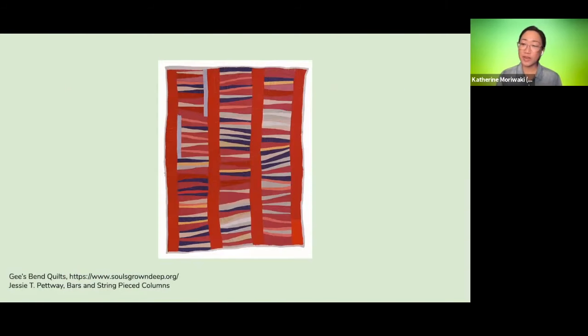And so with looping in everyday life, or looping in examples that you'll find out in the world, this right here is an image from the Gee's Bend quilts. And Gee's Bend is actually in the South.